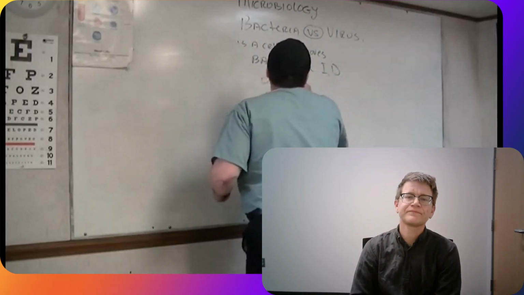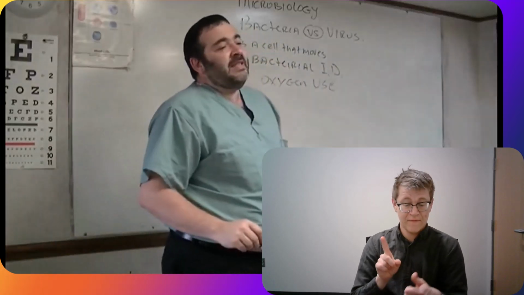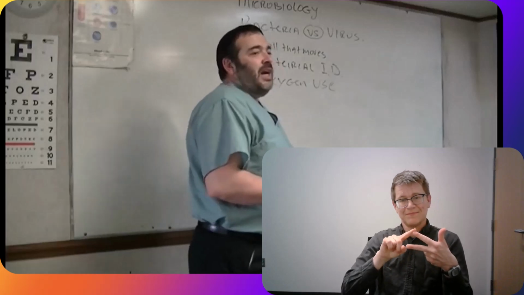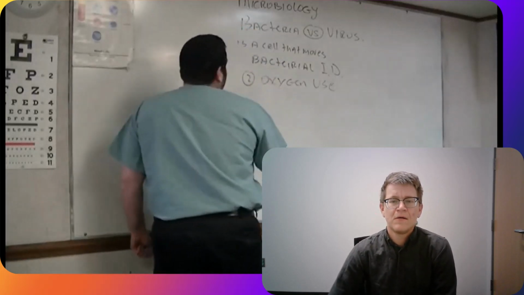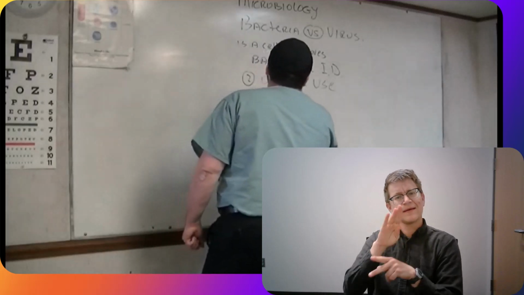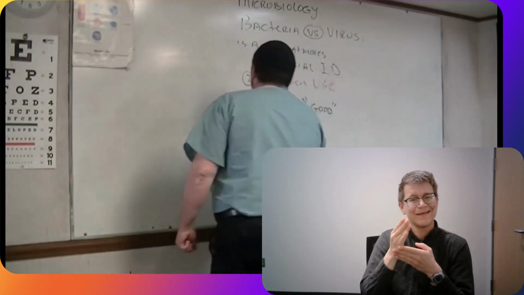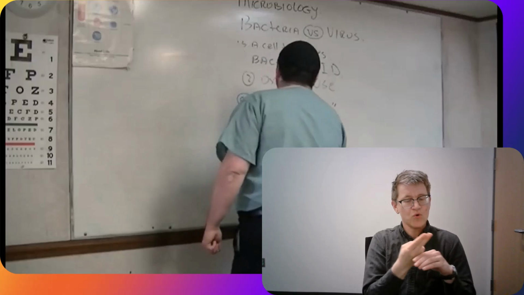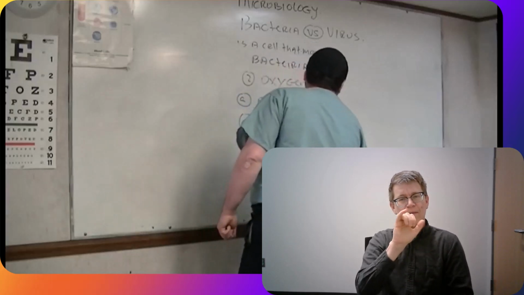Oxygen use. We have different types of bacteria. Some that use oxygen and some that don't. The ones that use oxygen are called aerobic, or good bacteria. And the other part is anaerobic. That's called bad.